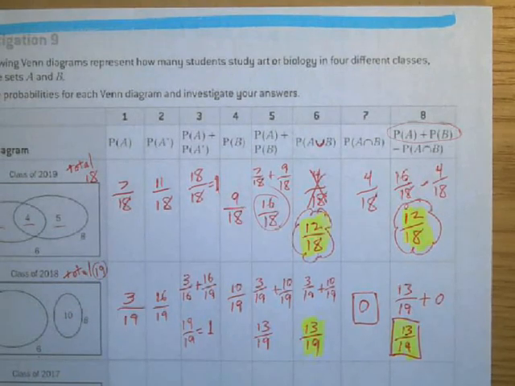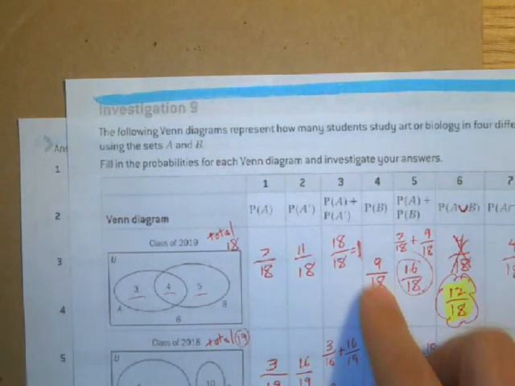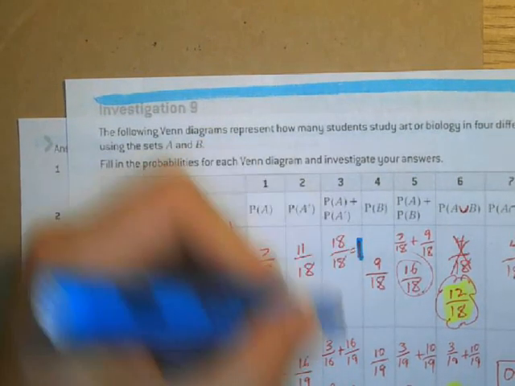So let's ask ourselves these important questions. What is the relationship shown in column 3? Column 3, oh my gosh, we got 1, 1, 1.